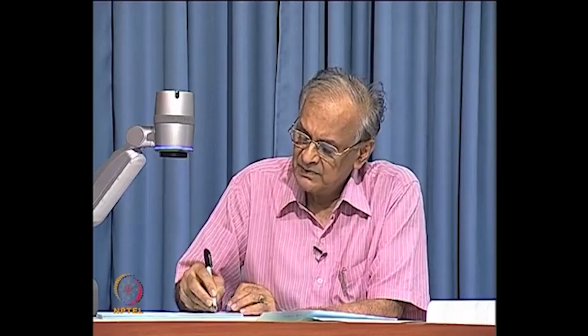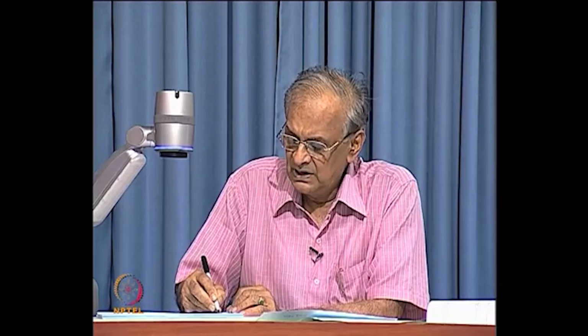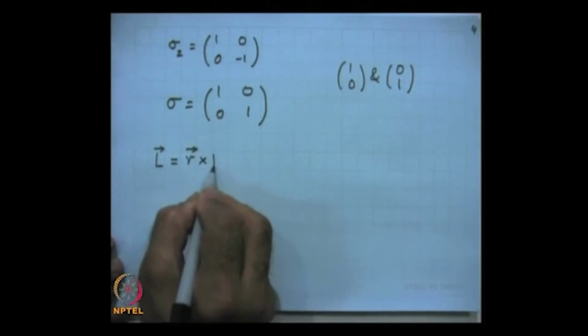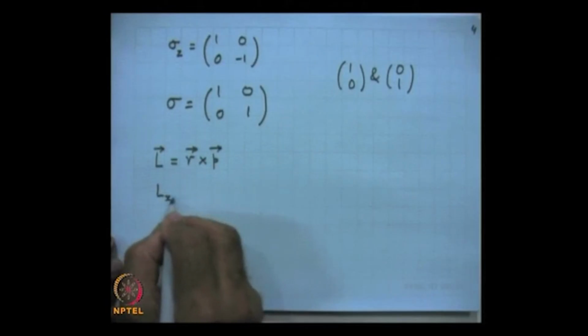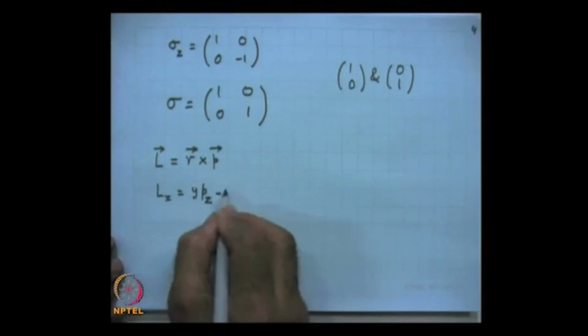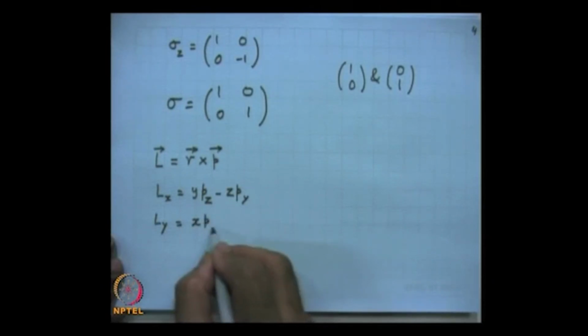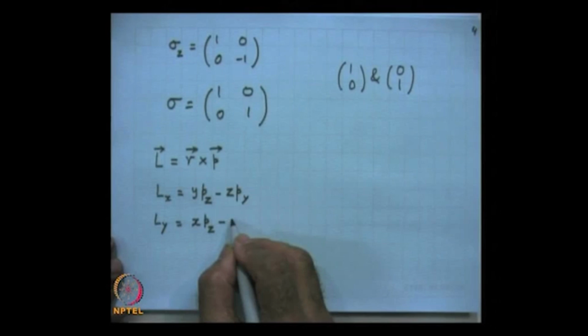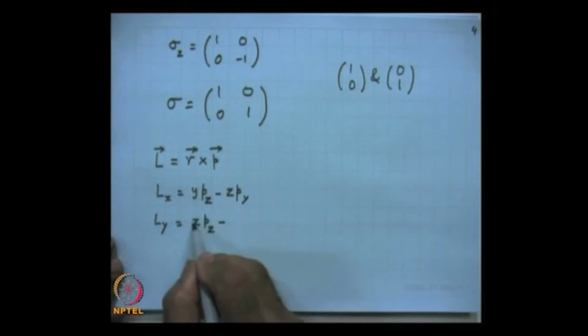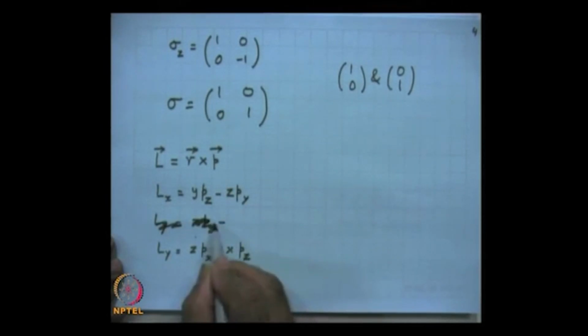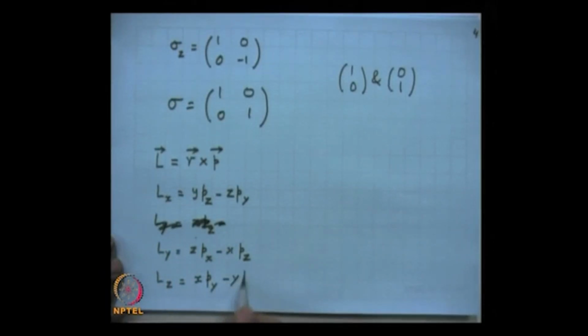As we had mentioned in my last lecture, we will use the classical definition of angular momentum, L is equal to R cross P. So, Lx is equal to y p z minus z p y, Ly will be z p x minus x p z, they have to be in the cyclic order, and Lz will be x p y minus y p x.